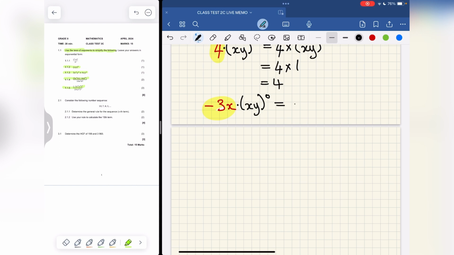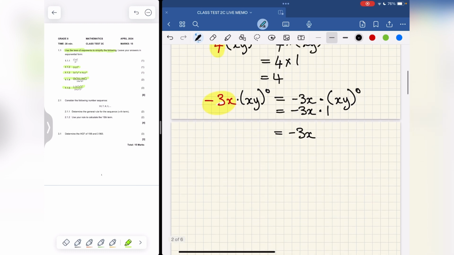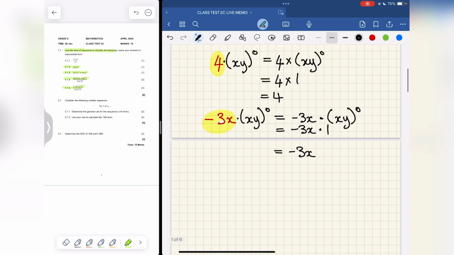So I will keep negative 3x, and it is being multiplied with xy to the power 0, and negative 3x is then simply being multiplied with 1, which means my final answer would be negative 3x and not 1, because negative 3x had nothing to do with being raised to the power 0. It is not being raised to the power 0, so it cannot be part of that power, and it is then still just simply being multiplied with whatever comes out of the power, which in this case is 1.